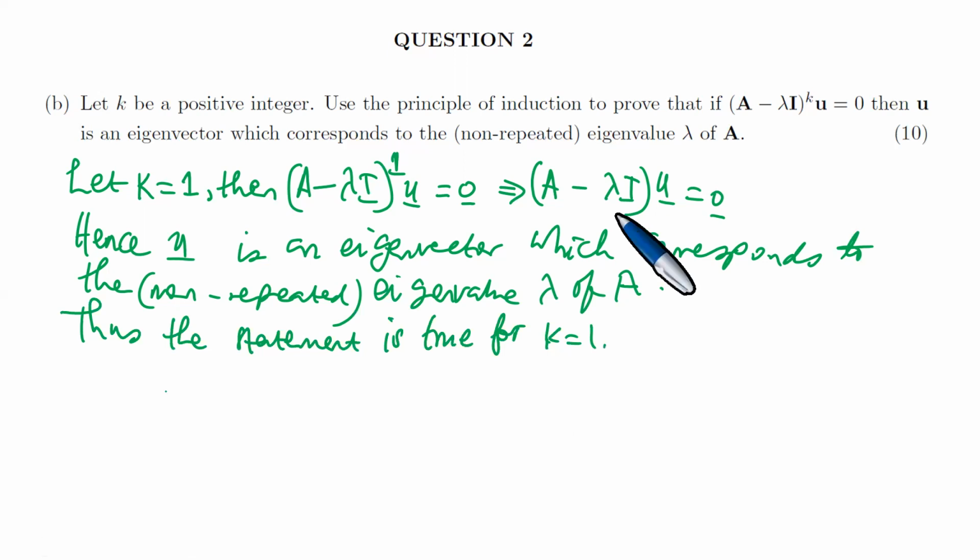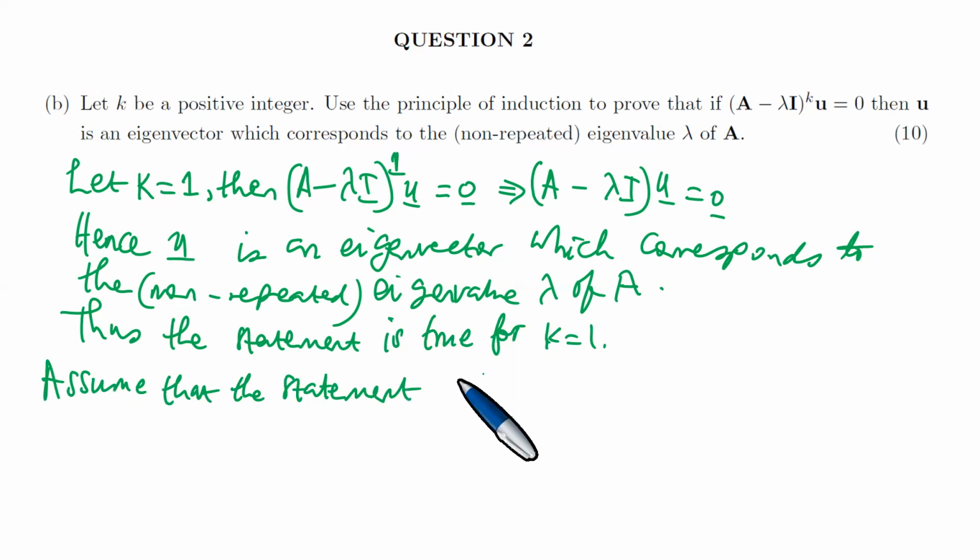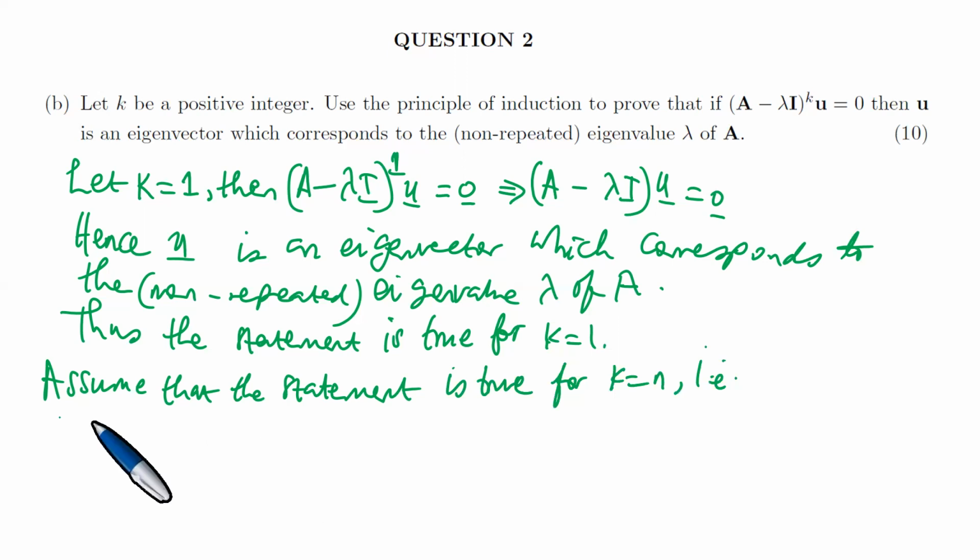Assume that the statement is true for k equals n. That is, (A minus lambda I) to the power n times vector u equals the zero vector.